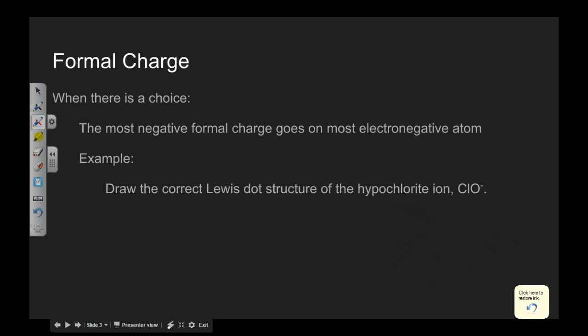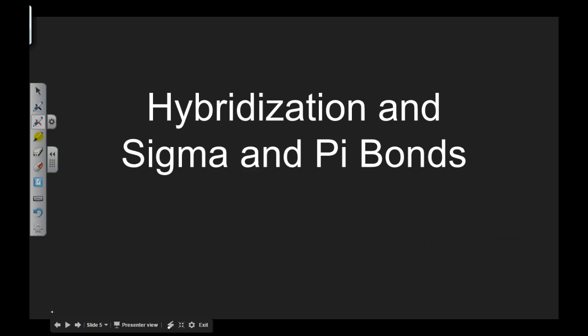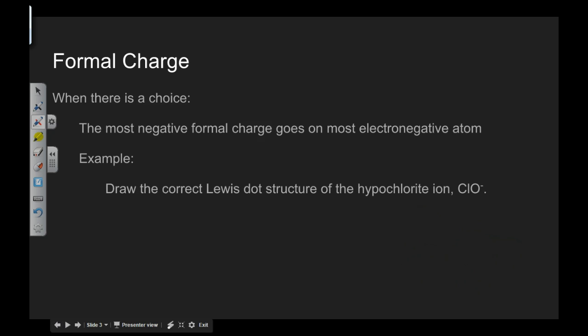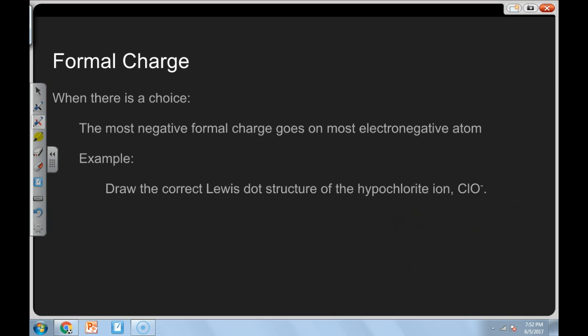Okay, and then it says the most negative formal charge goes on the most electronegative atom. Electronegative means wanting a negative charge, and formal charge is how many electrons that element has above and beyond its normal number of valence electrons.